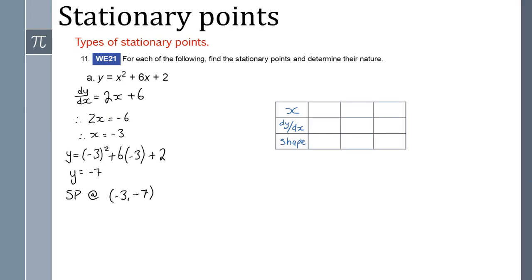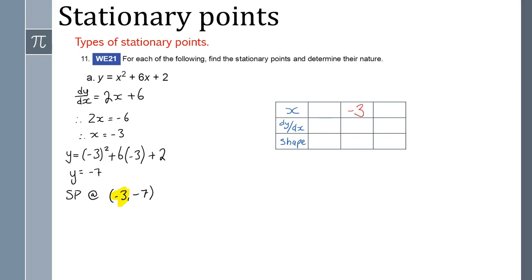So on this one, I've worked out what the stationary point is, and it occurs at -3, -7, and I'll show you how to find that on the next part. Okay, but I just want to show you first how to prove what type it is. So what we're going to do is we're going to look at the x value of the stationary point, and we're going to put it in this table over here, and I'm going to pop it in the middle.